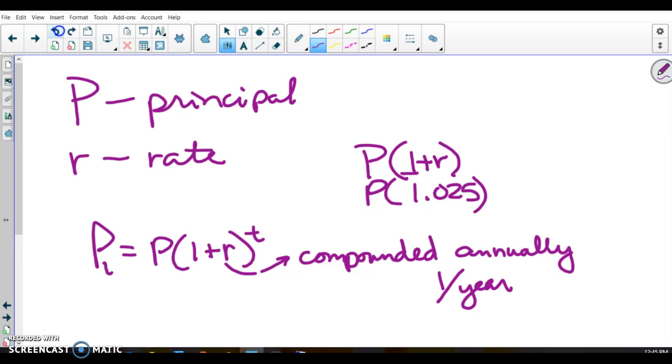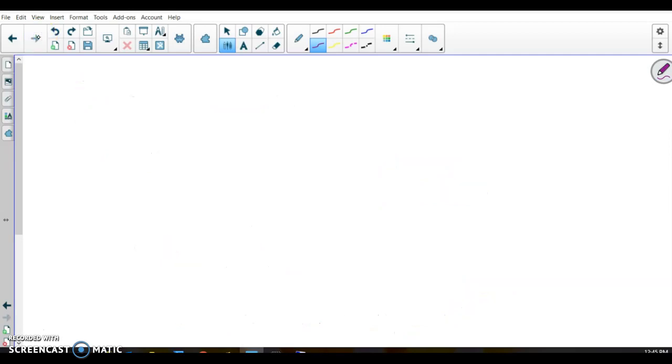It says to accommodate more frequent compoundings, quarterly, monthly, or daily, let n be the number of compoundings per year. So n is number per year, and t, again, is still years. So that takes us to something that looks like this.